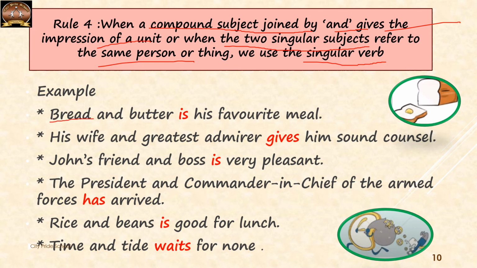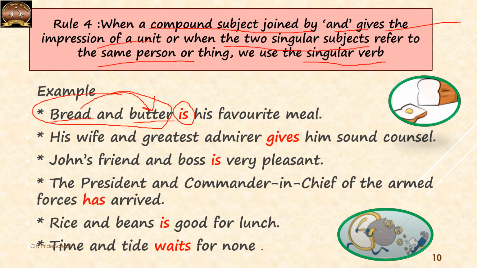Bread and butter. If you think of bread, immediately you will also be reminded of butter, right? So bread and butter, they both are eaten together. So they are taken as one single compound subject, and they also appear as one unit.